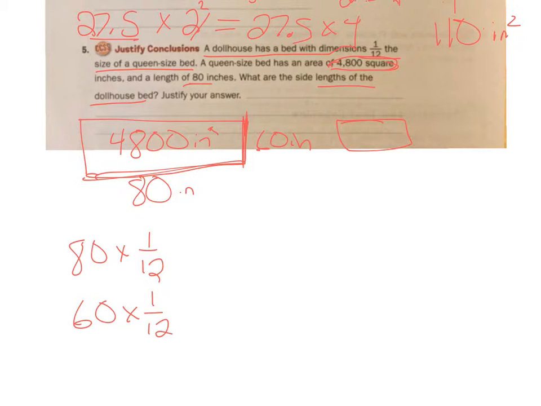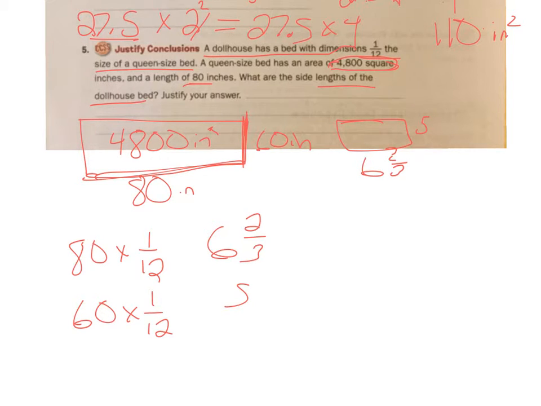Okay, so what's 80 times 1/12? It's 80 times 1 divided by 12, equals 6 2/3. And then 60 divided by 12 is 5. So the long side is 6 2/3, and this side is 5.